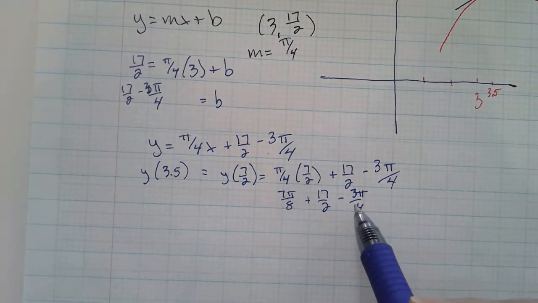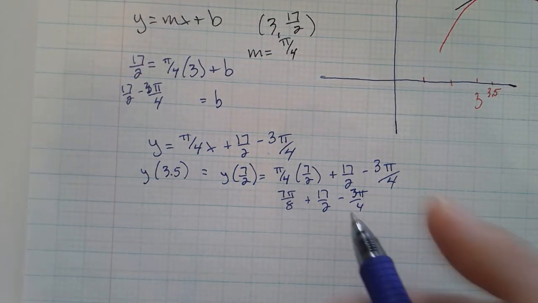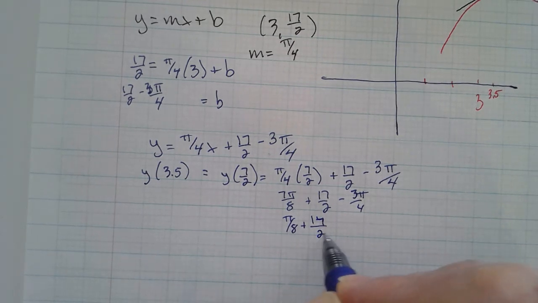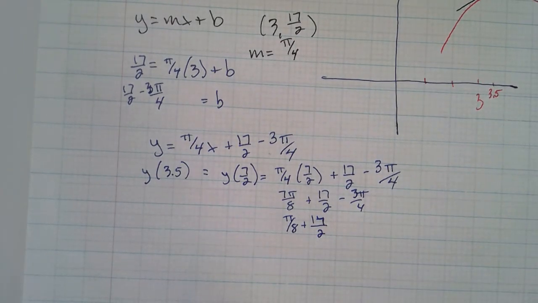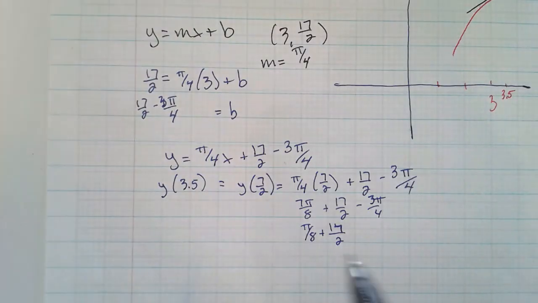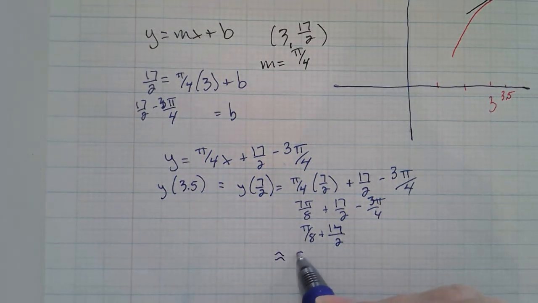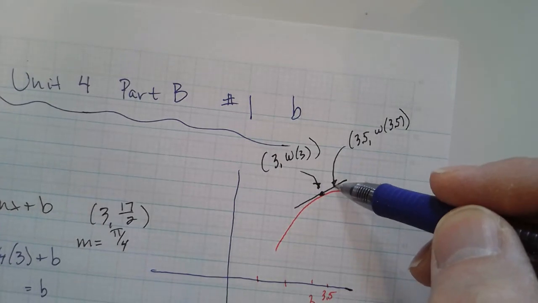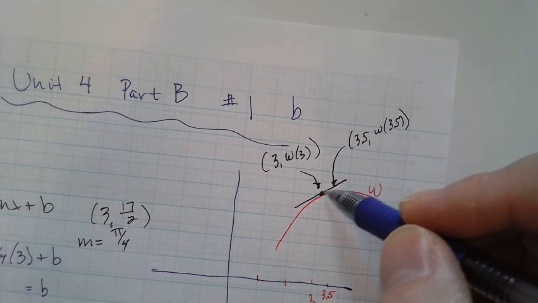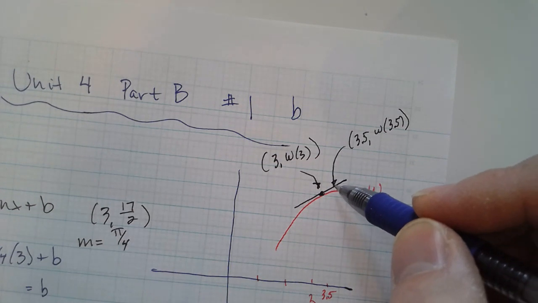So 7 pi over 8 minus 6 pi over 8 is 1 pi over 8 plus 17 halves. Okay, so what is that? Pi over 8 plus 17 halves. That's 8.89. All right, so it's approximately 8.89. So the y value here, it's literally on the line, 8.89.